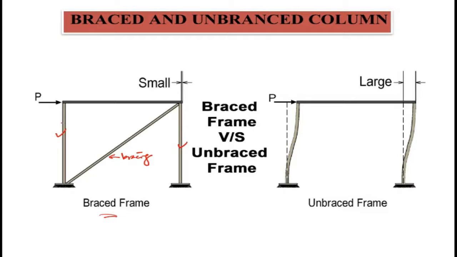Kalau ada angin, ni kita kata wind force, acted to the triangle tadi, so it very easy to sway kalau dia tak ada bracing. So kalau dia ada bracing, dia sebagai support, to make this column become more stable.